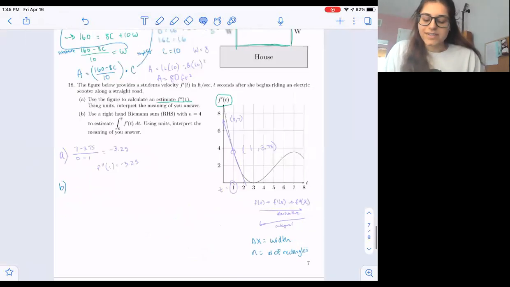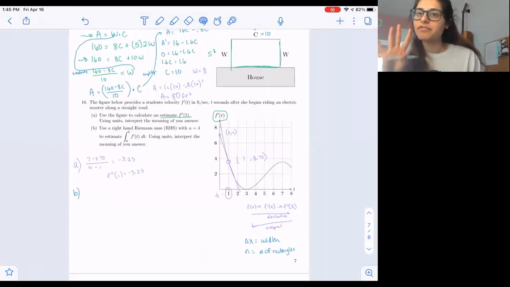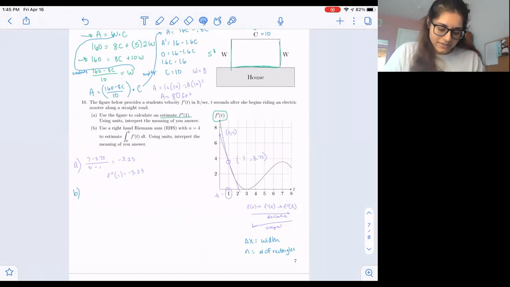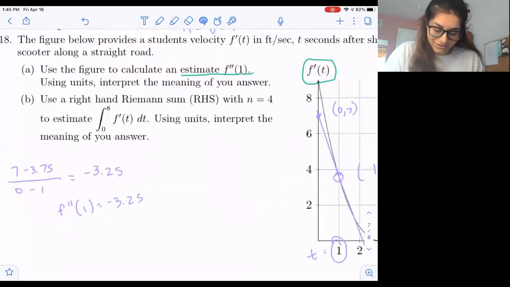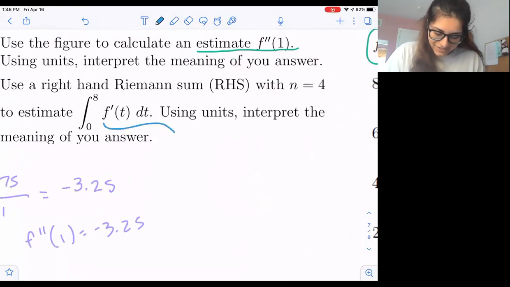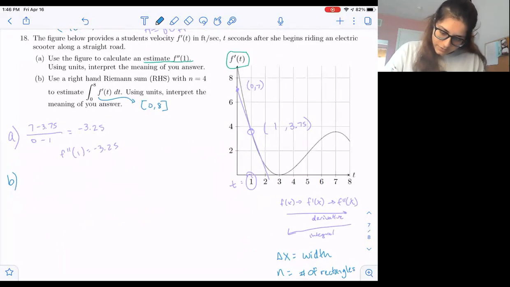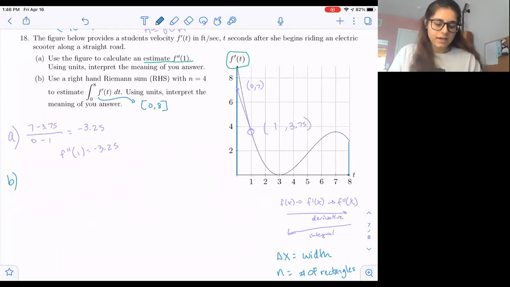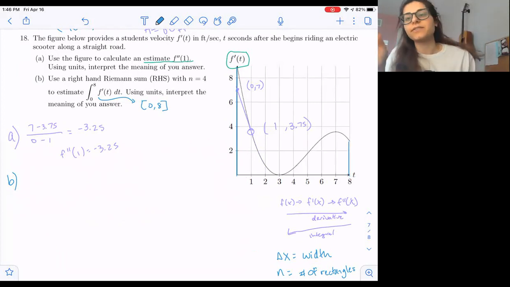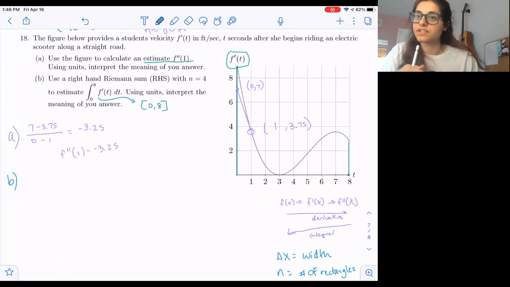They're giving us n, the number of rectangles. They want 4 rectangles, and we want to estimate over the interval 0 to 8. So from 0 to 8, I'll do a width of 2.